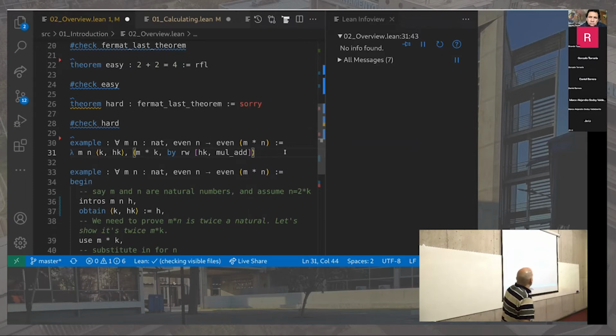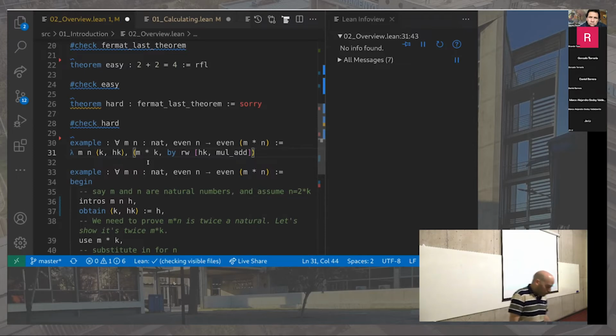And we don't want to write proofs like that, because this is difficult to read. There is this strange lambda symbol, then there are strange brackets. It's completely unreadable. So this is not the kind of proof we are going to write, because they are essentially unreadable.